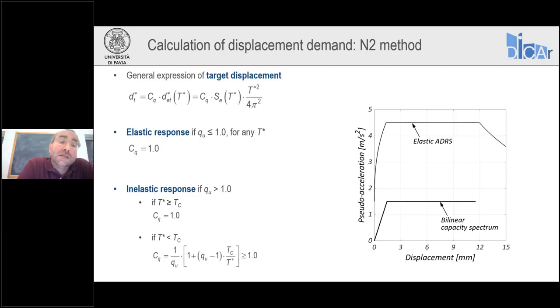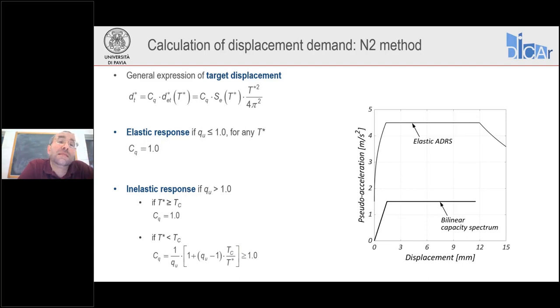What happens if Q sub U is greater than 1? Well, the response will be inelastic, and here we have to distinguish between long and short period systems. For the N2 method, a long period oscillator is an oscillator that has a T star greater than the corner period, transitioning from the constant acceleration to the constant velocity branches of the spectrum. So if T star is greater than Tc, the system is a long period system. There is no amplification of the displacement demand.